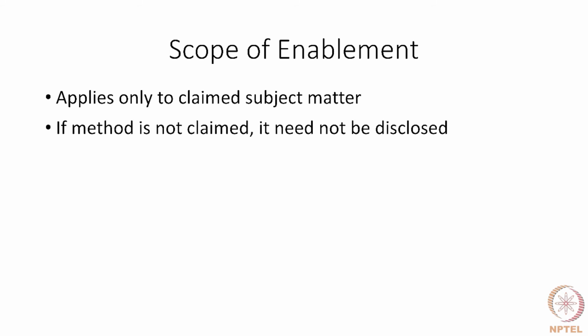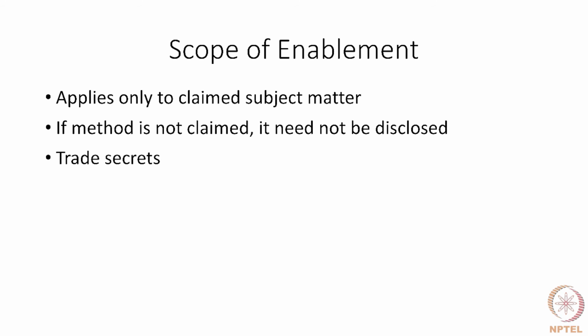If the method is not claimed, it need not be disclosed. So again it flows from the earlier point. So you only claim an apparatus and a product, and you do not claim the method. There is no method claim or process claim in your application. So there is no need for you to disclose or to enable a person to show in what method you had achieved the product or the apparatus.